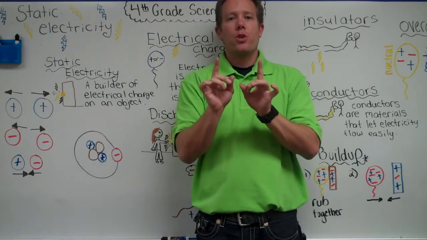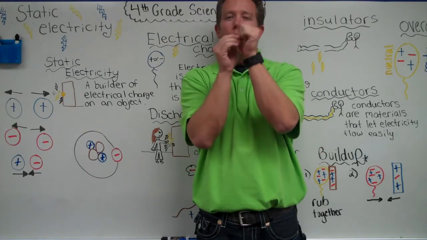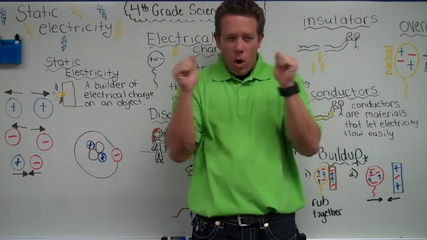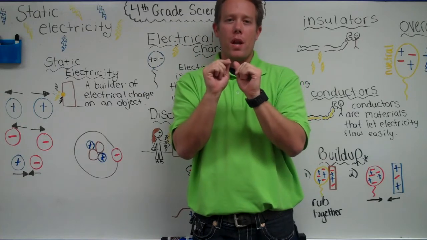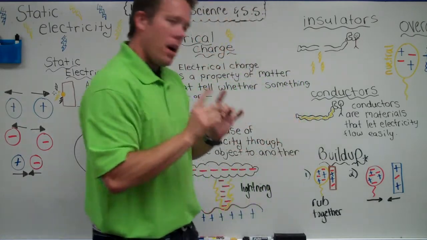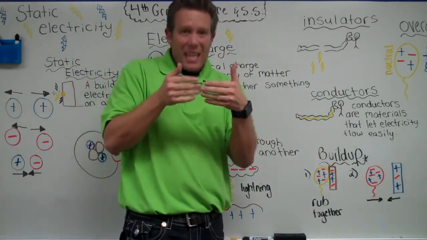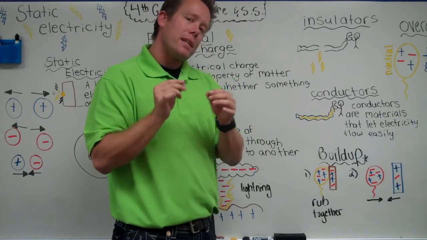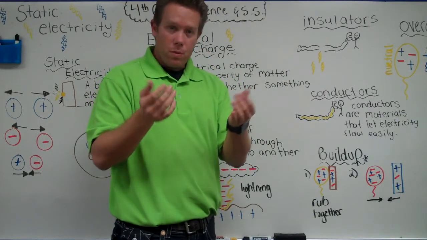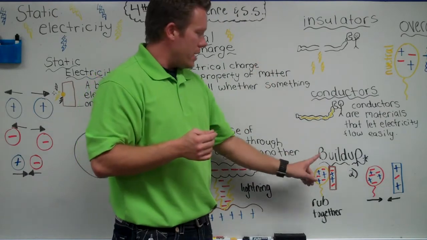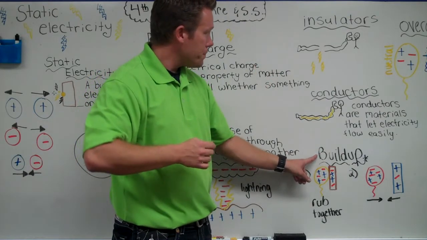Static electricity happens when you rub things or touch things up against one another. The reason static electricity happens when you do that to things that are made up of atoms, which is matter, is buildup. Okay?